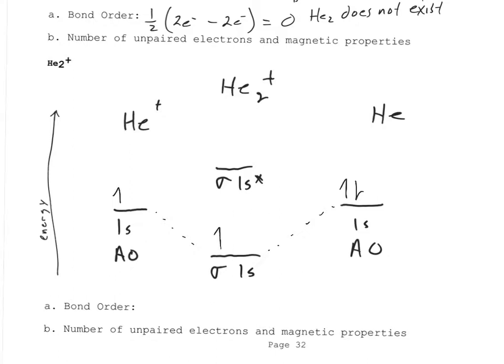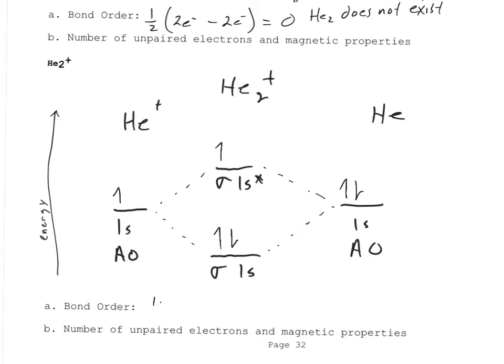So we get a sigma 1s electron from the helium ion on the left, and then one from the right. Now there's only one electron left over to put into the antibonding orbital. So you can see that they're not going to cancel each other out.